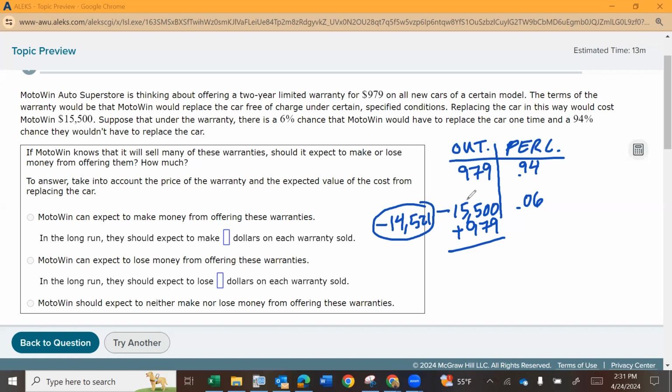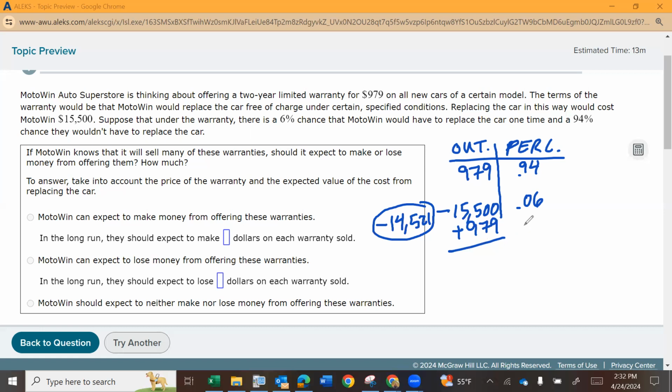That is the outcome associated with the 6%. MotoWin does get that money. If the consumer didn't pay this money that year, then MotoWin is not going to pay out for a car. If you don't pay for the warranty, you don't get to use the warranty. A lot of the problems in this particular topic work this way. They've got this extra little thing there.